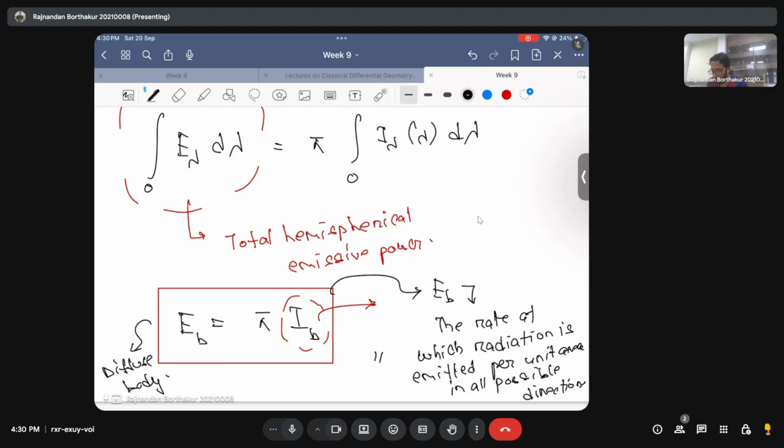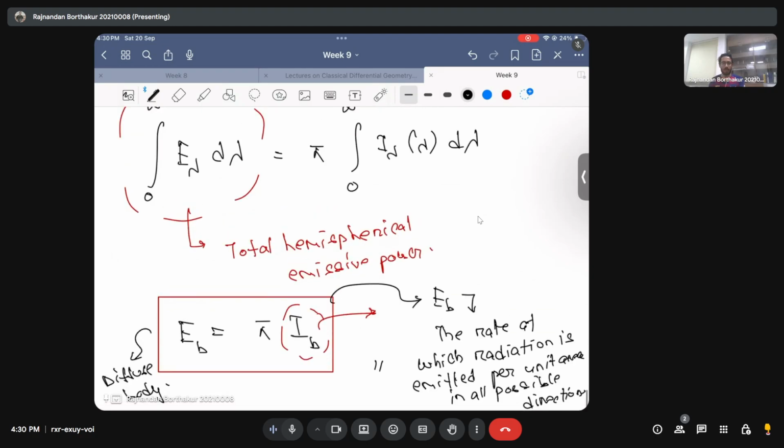All right, so we will stop the discussion here. Up to this point, we have covered quite a bit of radiation today. We began by giving a brief introduction to radiation, then tried to understand the radiation fluxes, solved the problem associated with the radiation fluxes, and defined formally what the intensity of radiation is. Although I understand that the definition is a bit mathematical, there is no escape from that.